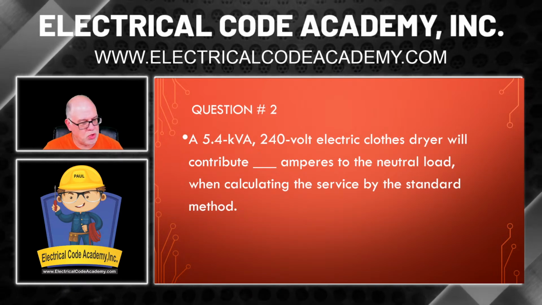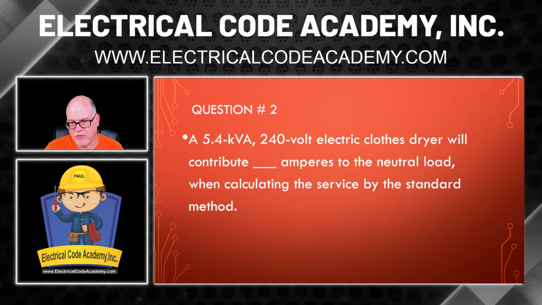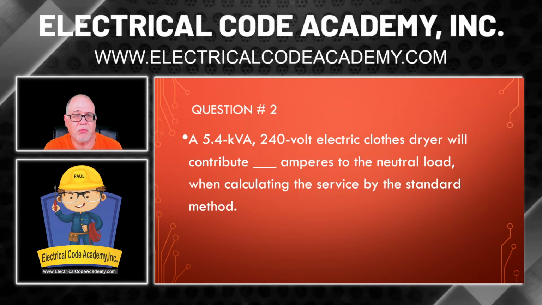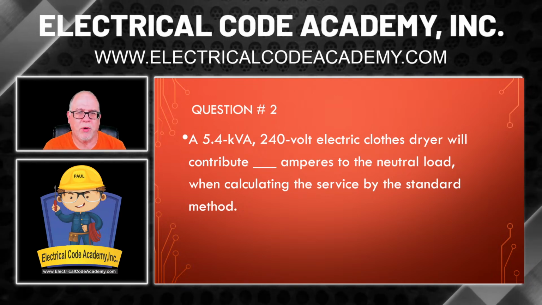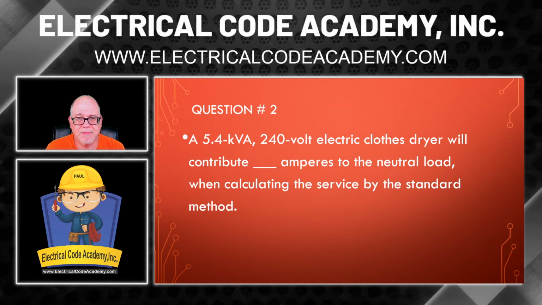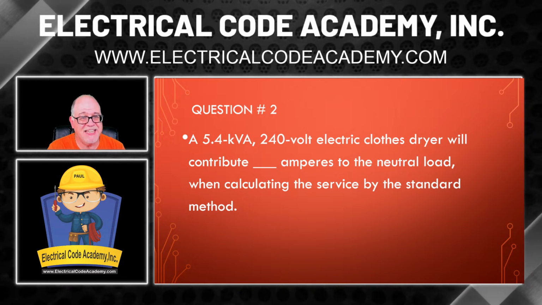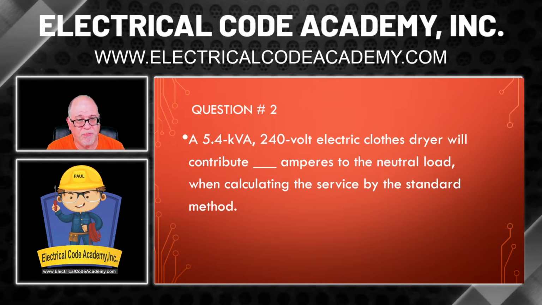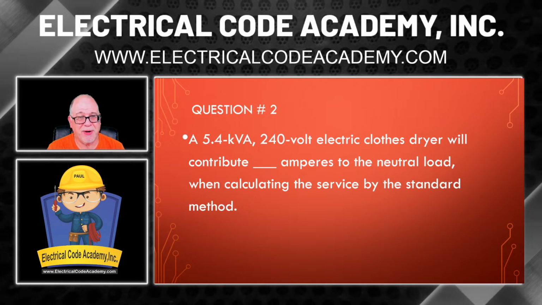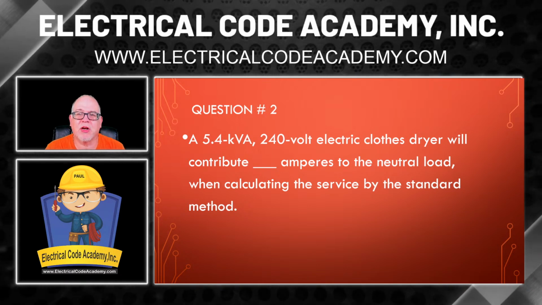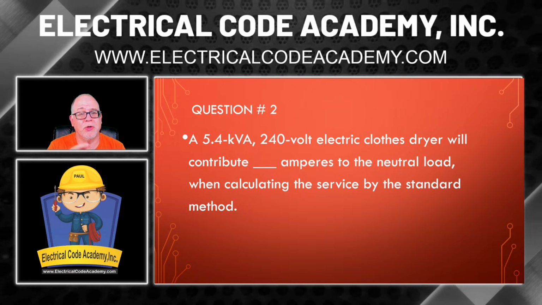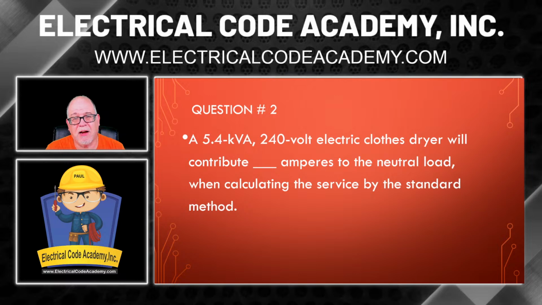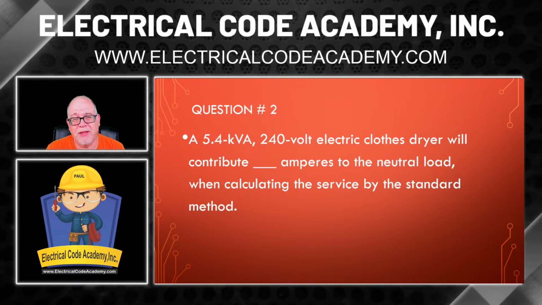All right, so the next question we're dealing with looks like it's asking about electric clothes dryers. So the question is, we have a 5.4 kVA, so that's 5,400 VA, 5,400 watts, or 5.4 kW. See how that works? A 240-volt electric clothes dryer will contribute blank amperes to the neutral load when calculating the service by the standard method.